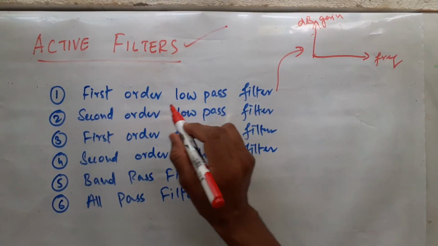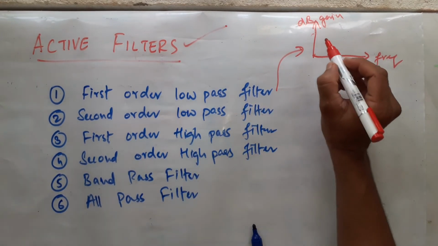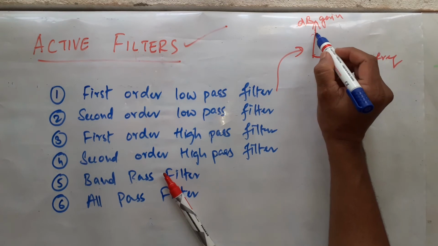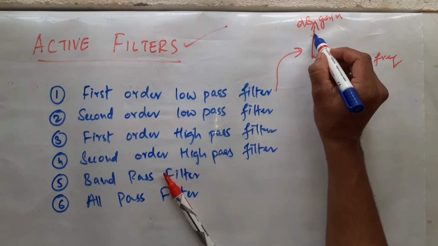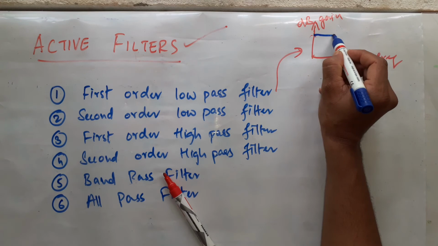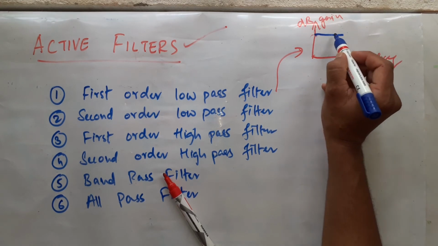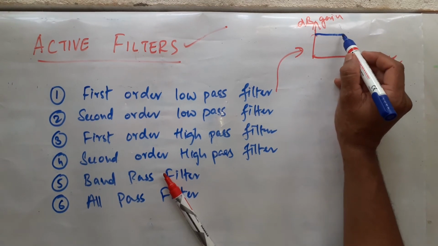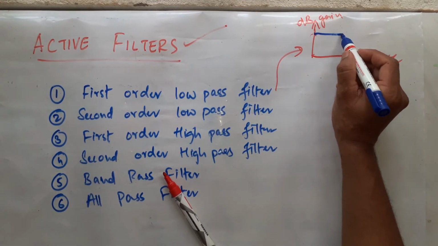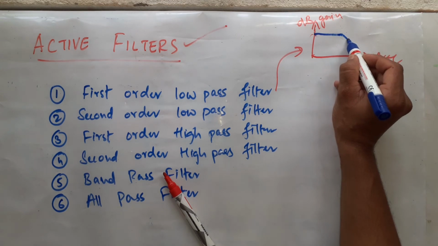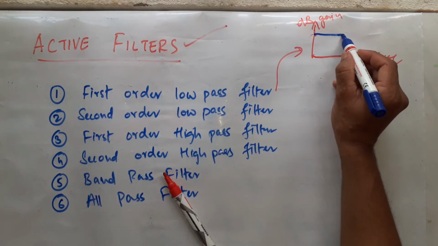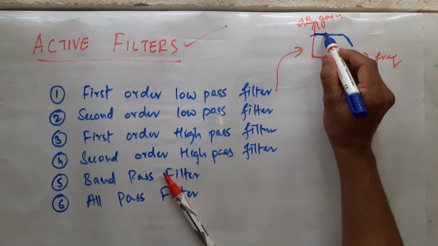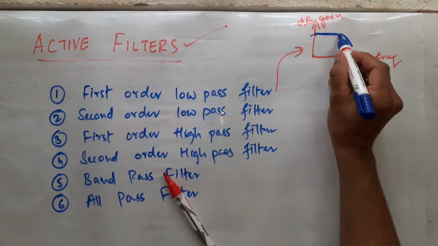Now, first order low pass filter means lower portion of the frequency will be passing. As your frequency further increases, after a certain limit the filter starts filtering the higher portion of the frequency, means the gain of the op amp will start decreasing, starts falling down.